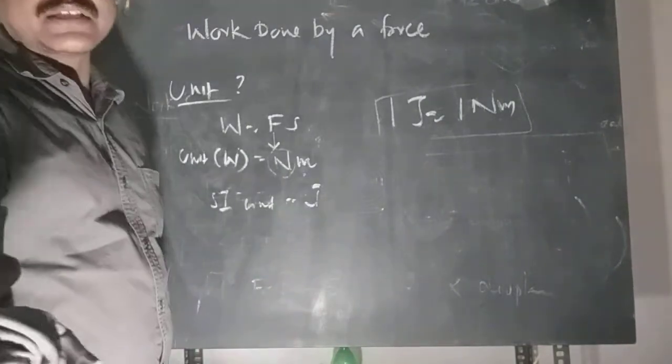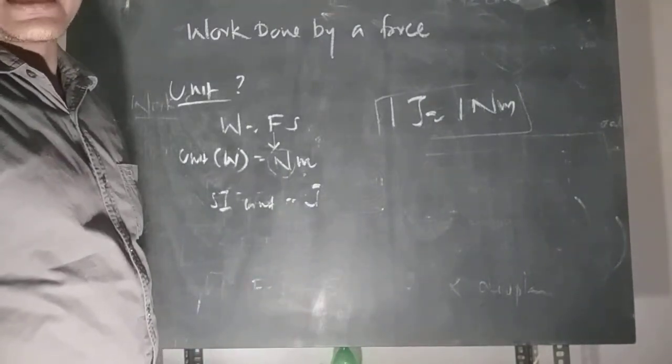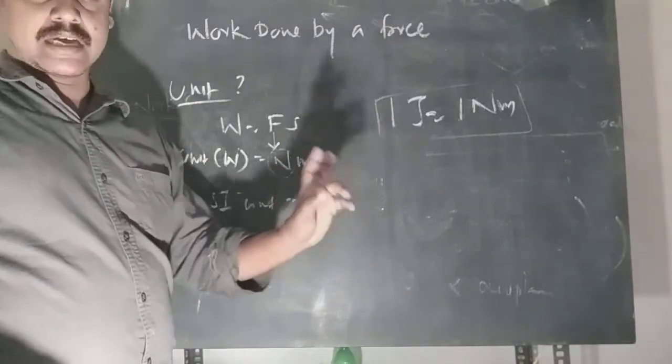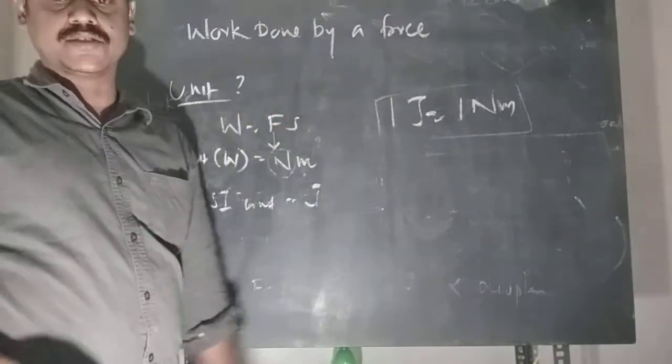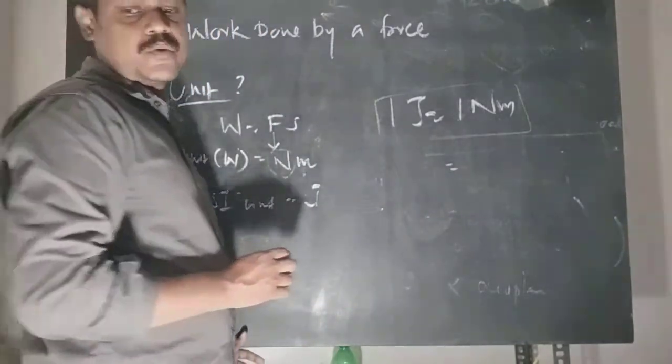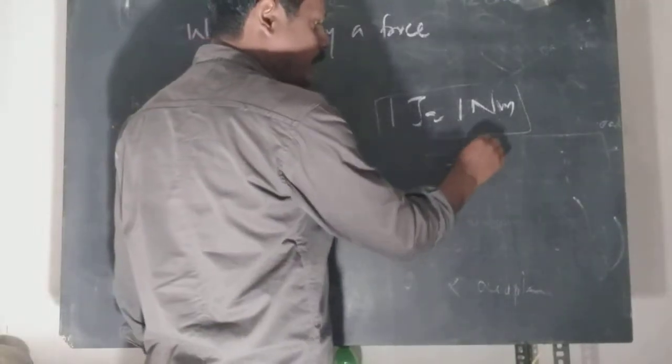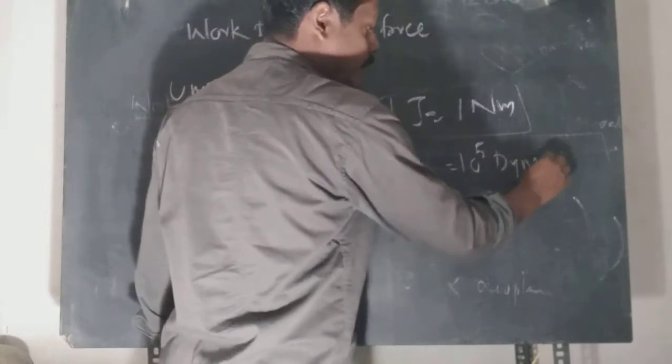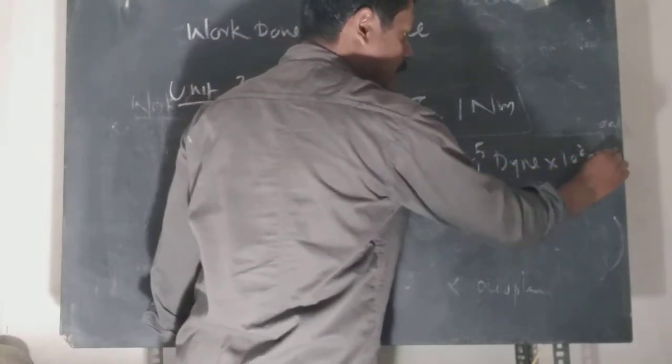Now we can convert this Newton meter into dyne centimeter, the CGS system. As we have discussed, 1 Newton is 10 raised to 5 dyne, and 1 meter is 100 centimeter.